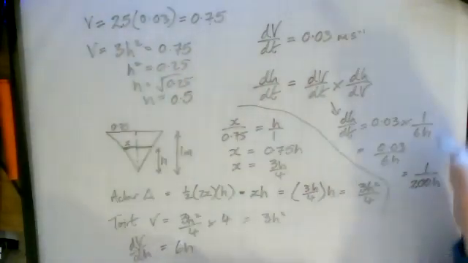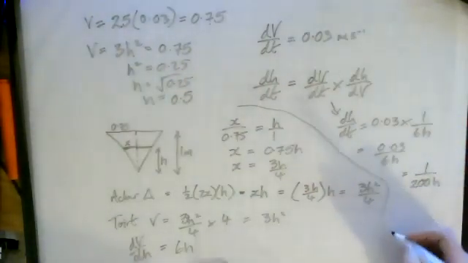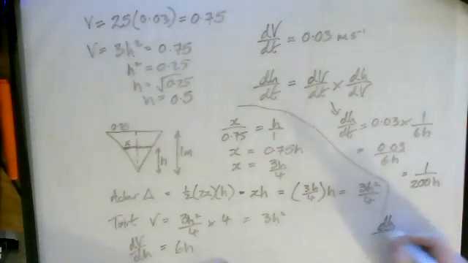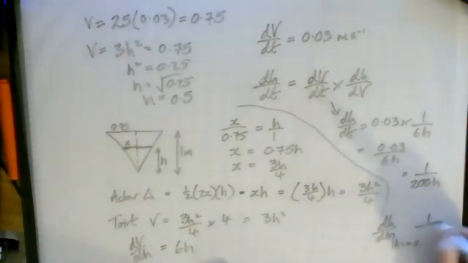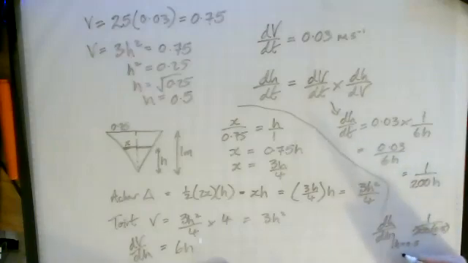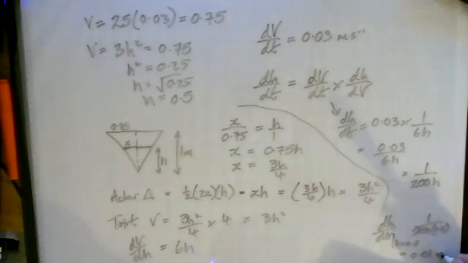So using the chain rule, dh/dt equals 0.03 divided by the derivative, so 0.01 meters per second.